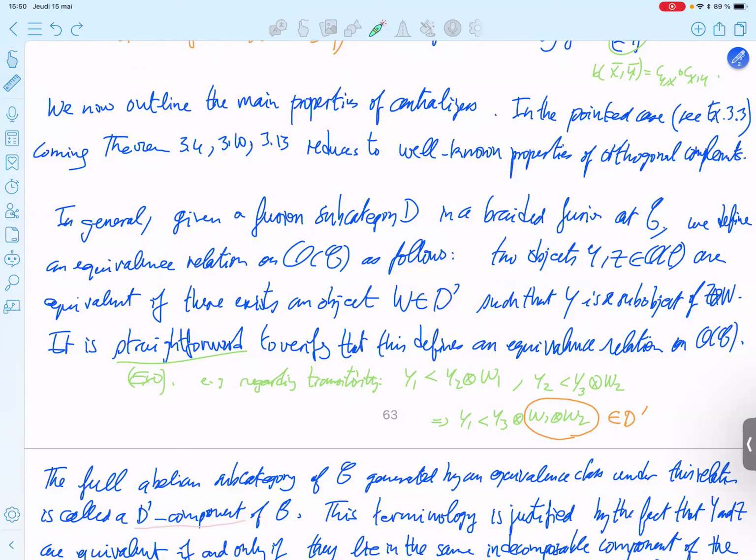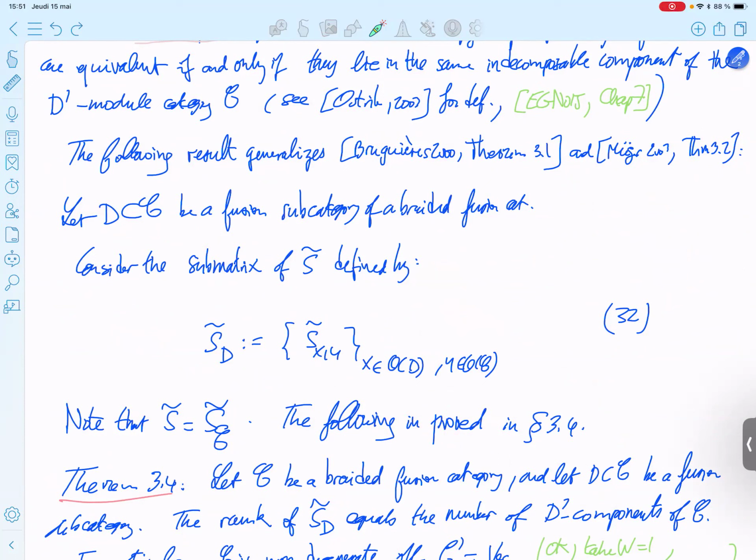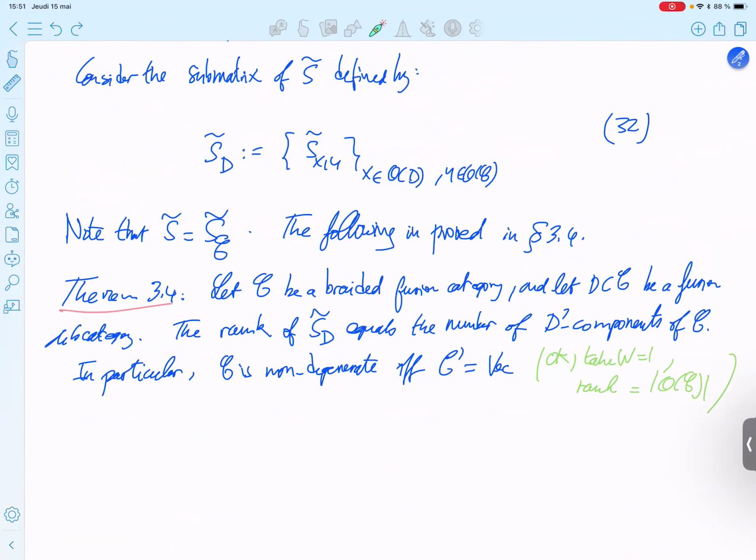In this case, the rank is everything. So the rank is the maximal rank possible. So the rank is total.